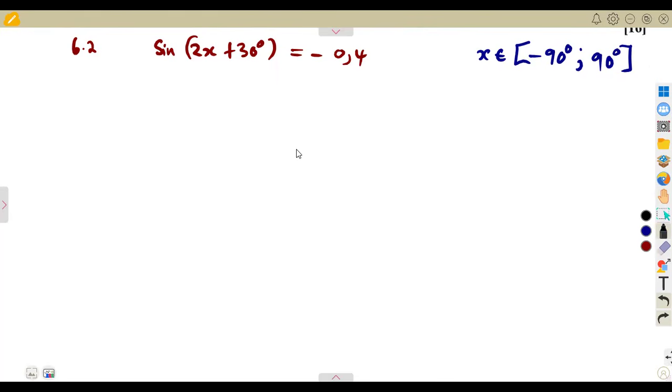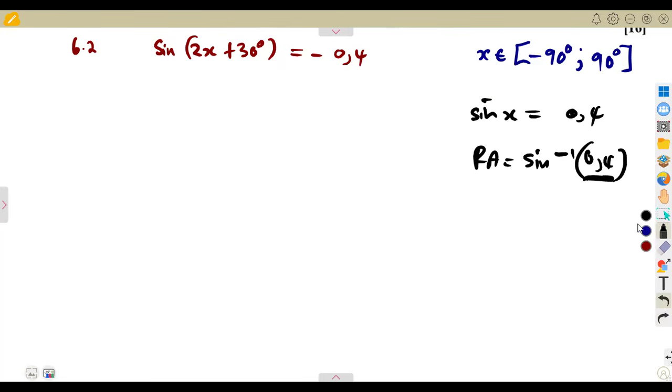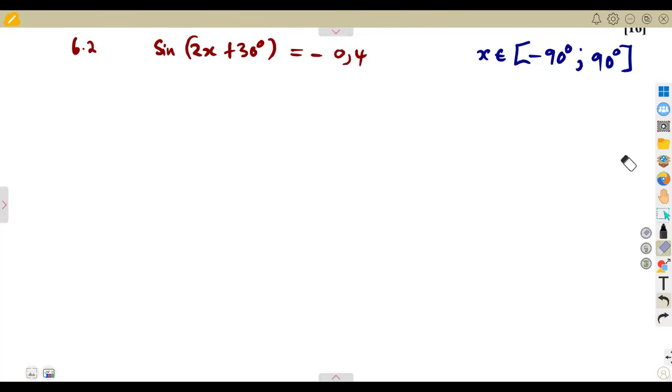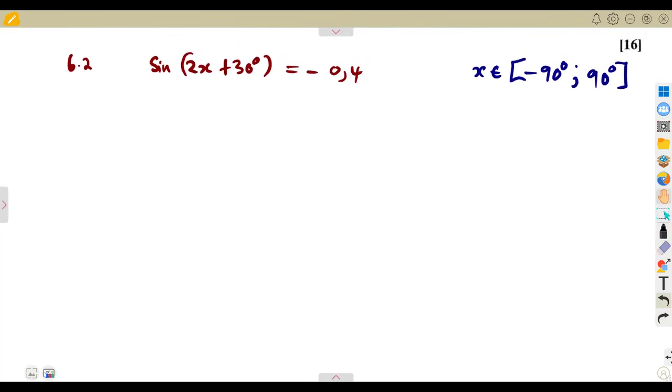So we can consider the reference angle. And as we are considering the reference angle, ignore this negative that you're given there. If I was given, let's say, the sine of x is equal to 0.4, the reference angle is simply arcsine of the 0.4 that I'm having here. Then the solutions will be related from x. In this case, you are supposed to be careful that this is not just x.